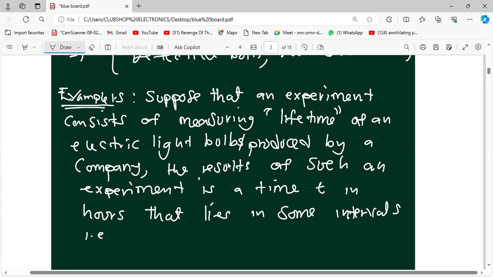That is maybe 0 is less than or equal to t, and t is less than or equal to 4,000, okay?